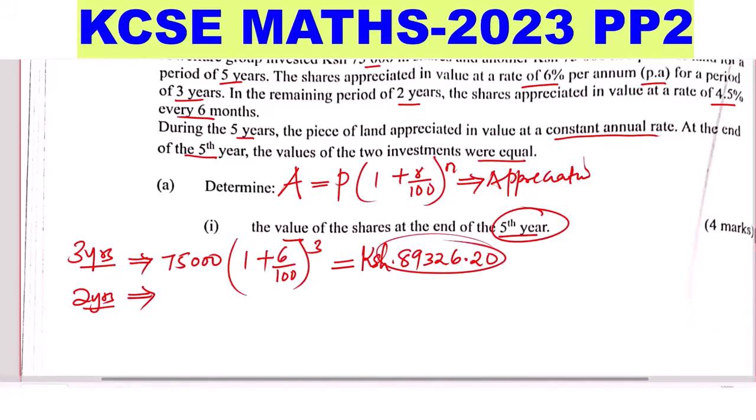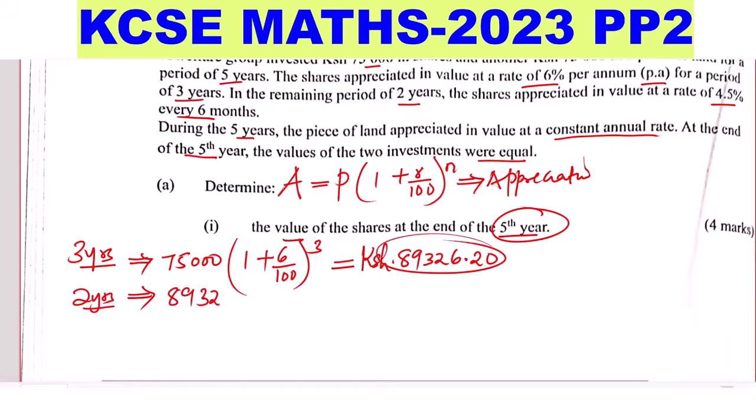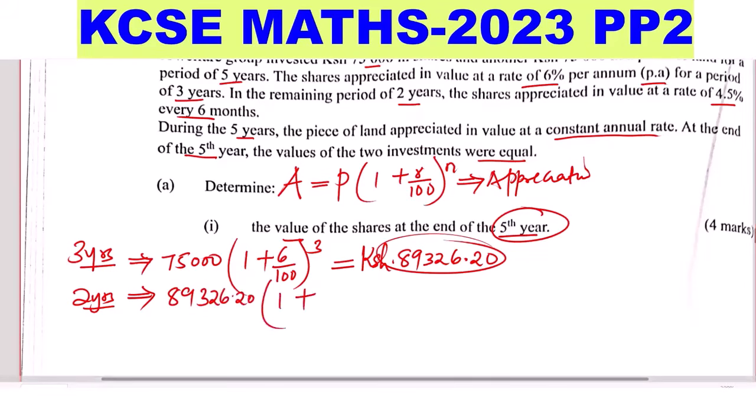This is what we are going to have as the principal, 89,326.20 shillings. Then 1 plus, using the formula for appreciation still, the rate is 4.5% every 6 months. So it is not given per annum. 4.5 over 100. Then the appreciation rate is after every 6 months. And you have 2 years.